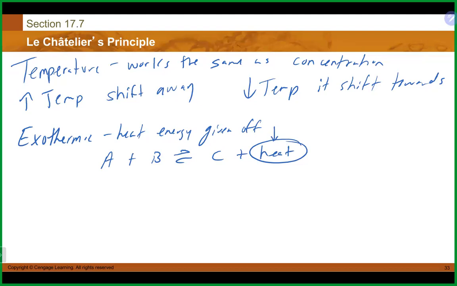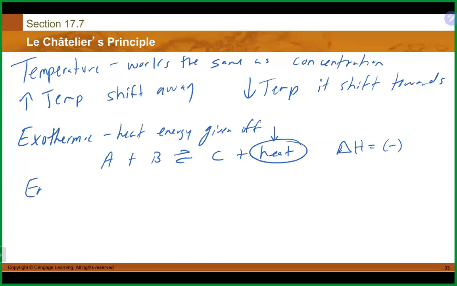The way that it is commonly represented in problems is through our change in enthalpy value, which will be a negative value. So if you see a delta H value with a negative sign, it doesn't really matter the number, the negative will tell you it's exothermic, and you'll know that it is that type of reaction.